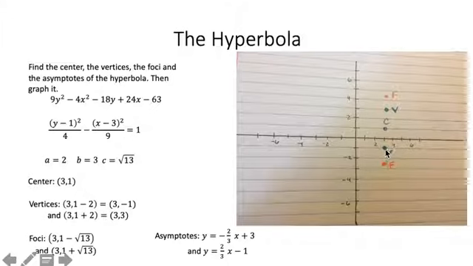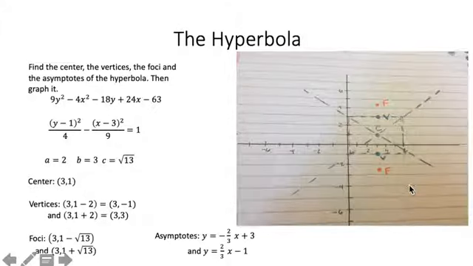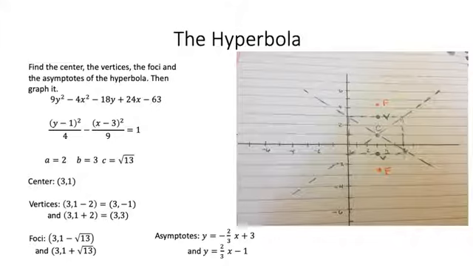And then to figure out how wide my rectangle is, that comes from b, and b is 3. So from the center, I'm going to go to the left 3, and I'm going to go to the right 3. And then I'll draw my rectangle and draw a nice asymptote through the center and the corners of my rectangle.